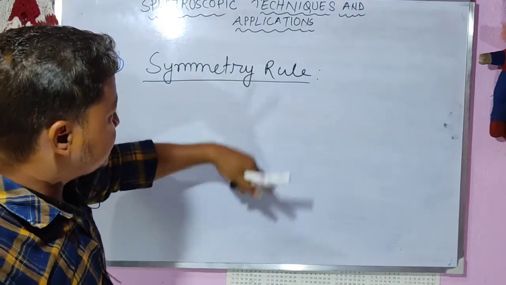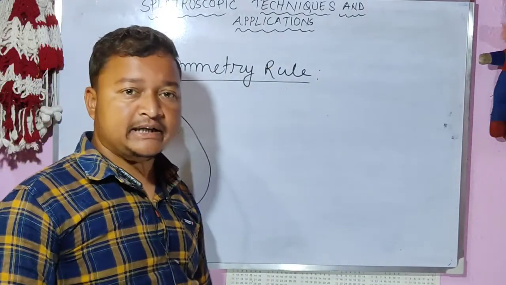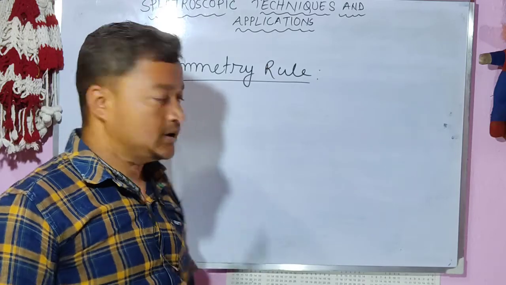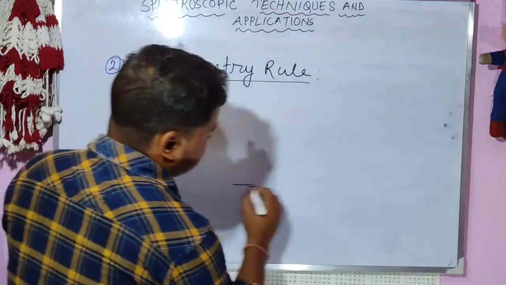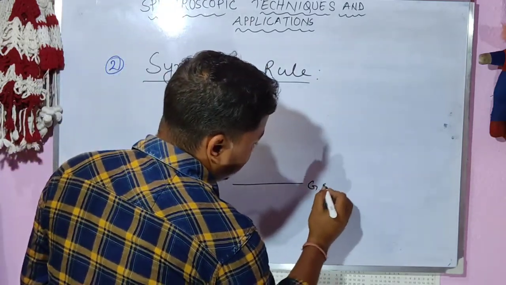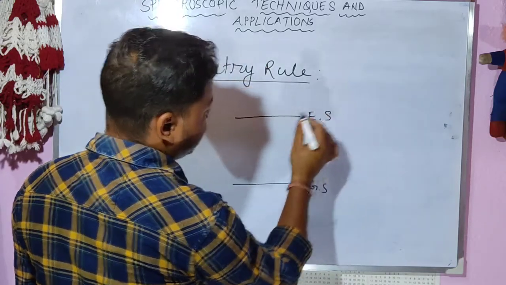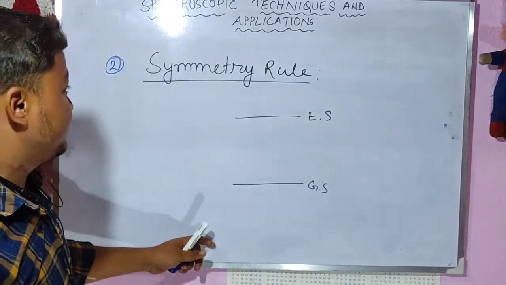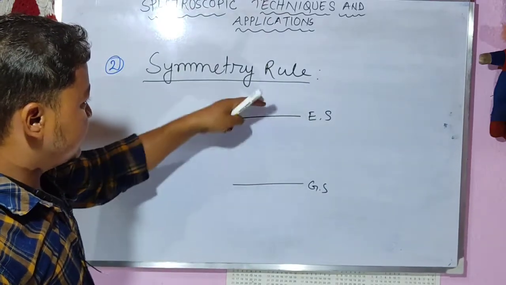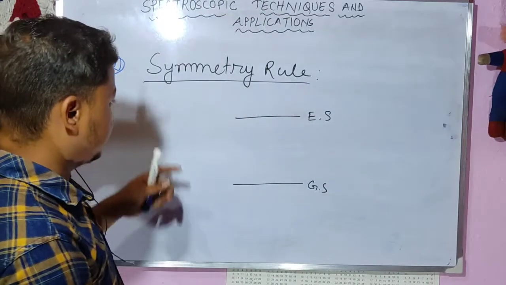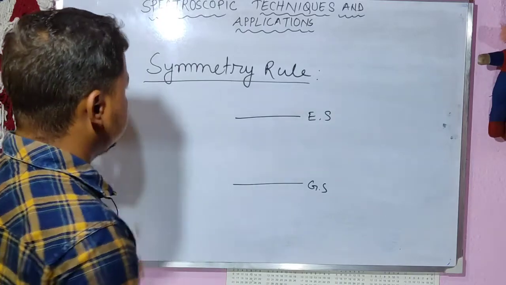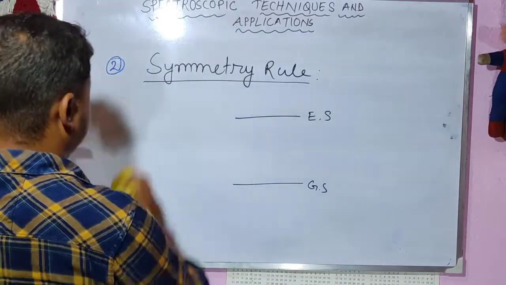That is, the symmetry of the ground state and the symmetry of the excited state are the same. No change of symmetry. This is the symmetry rule.